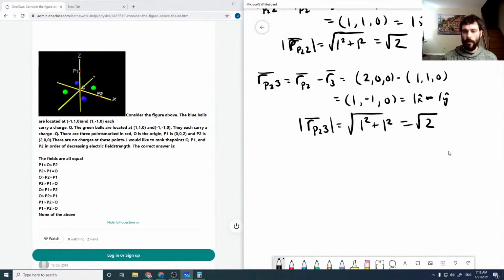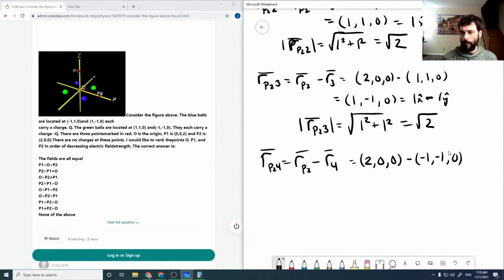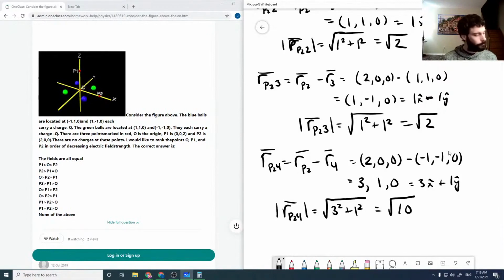And finally, for 4, 2, 0, 0, minus 1, 0 is 3, 1, 0, which is 3 x hat plus 1 y hat. So the magnitude of this guy is root of 3 squared plus 1 squared, which is square root of 10.